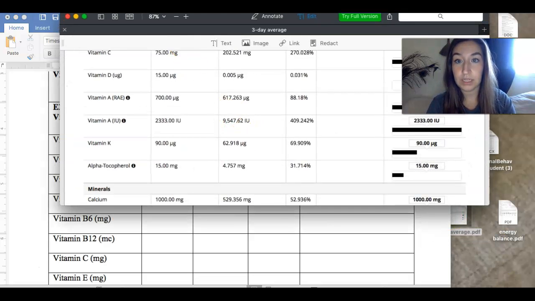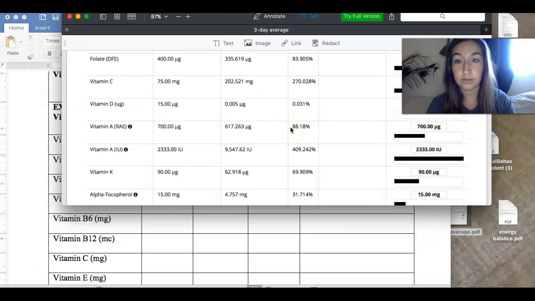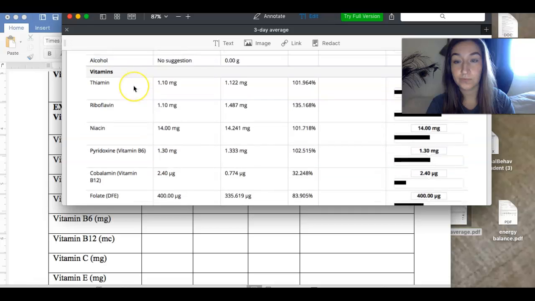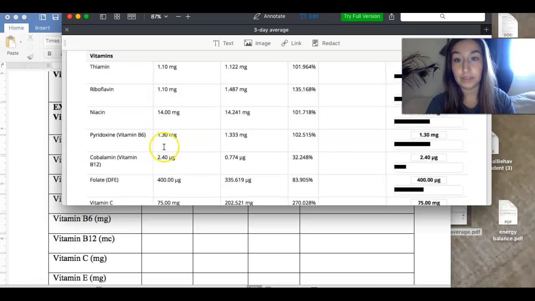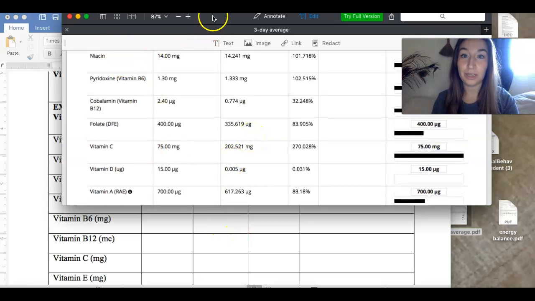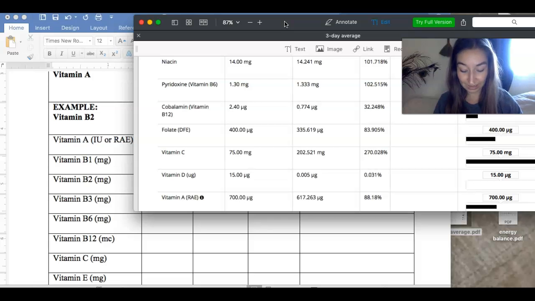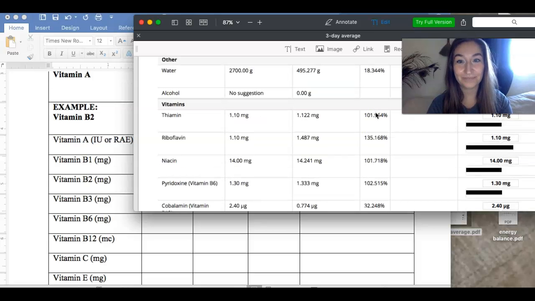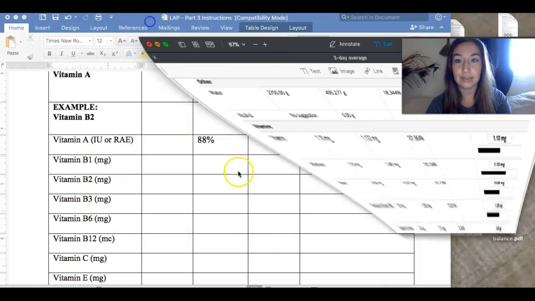Vitamin B1. Oh, are they listed? You know, this is me failing my test, not knowing which one is vitamin B1. This is embarrassing. Hold on. Thiamine. All right, so thiamine, here we have, I'm at 102%.